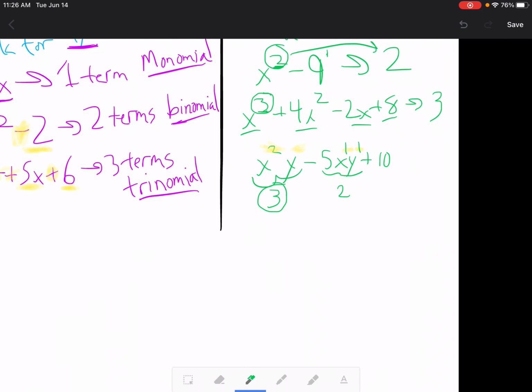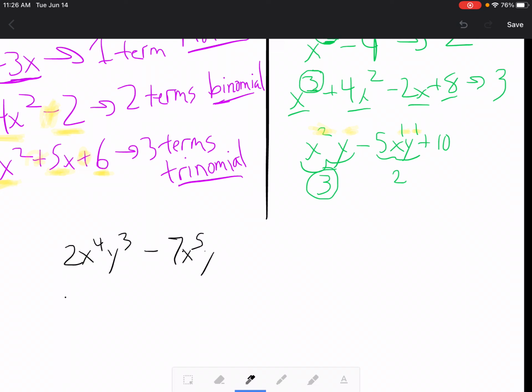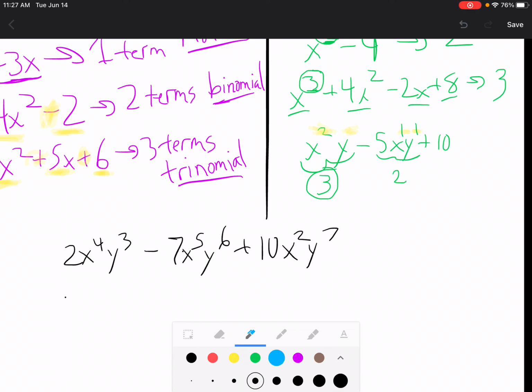So let's just kind of zoom out and try a couple more just for fun. Let's go a different color, and let's really sort of spread it out. So let's go with something like 2x to the 4th, y to the 3rd, minus 7x to the 5th, y to the 6th, plus 10x squared, y to the, let's go 7th. All right, so what I want to do is try to figure out the degree of each one of these terms.